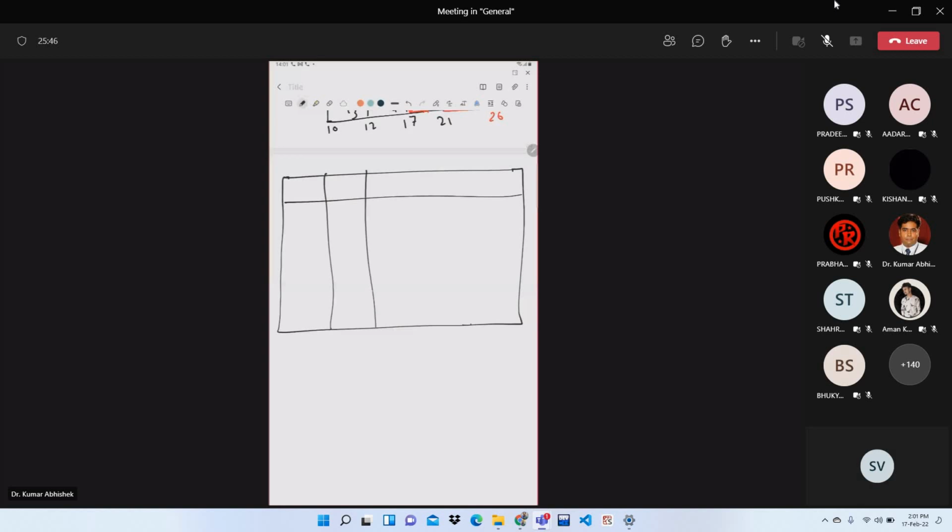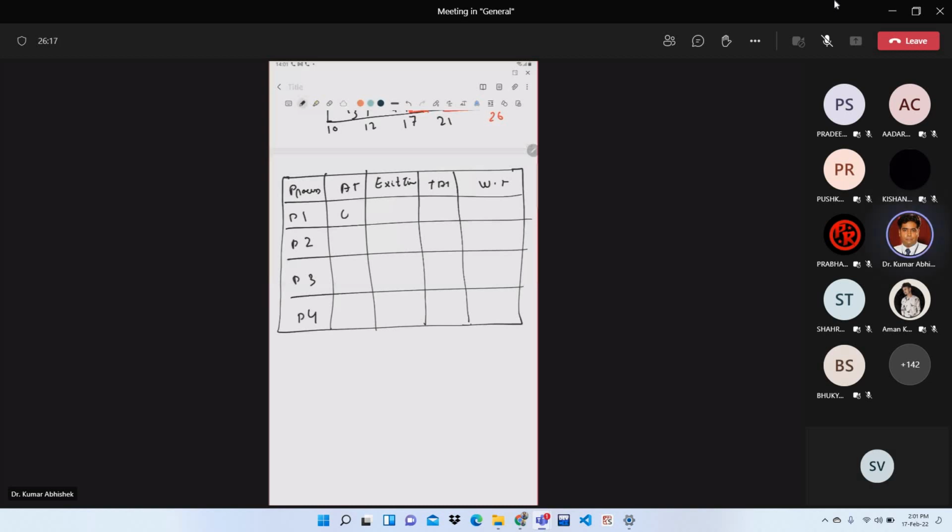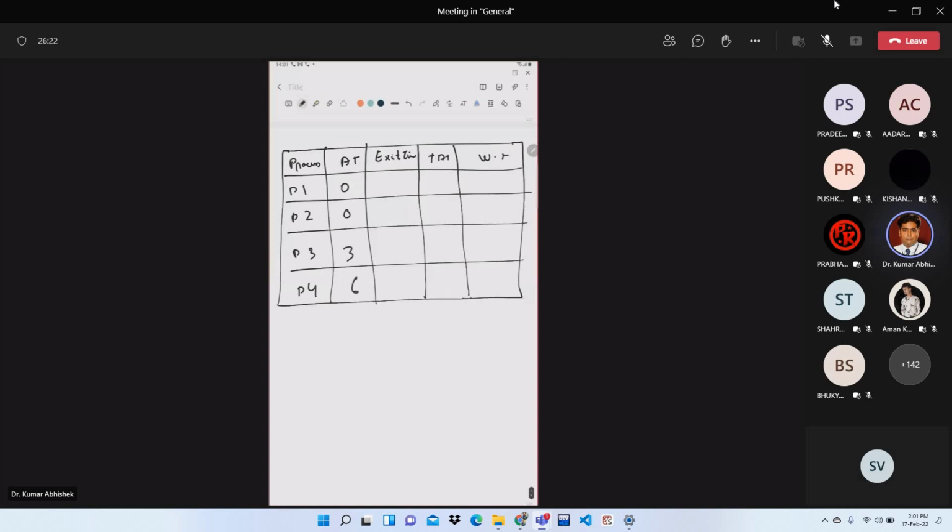So we have process, arrival time, exit time, and wait time. P1, P2, P3, P4. Arrival times: 0, 0, 3, 6.